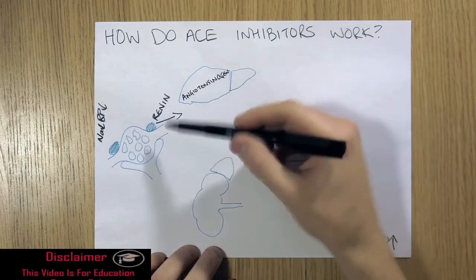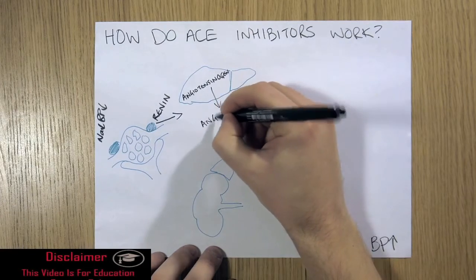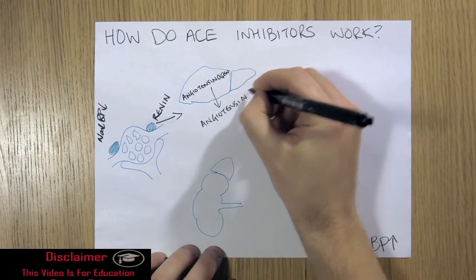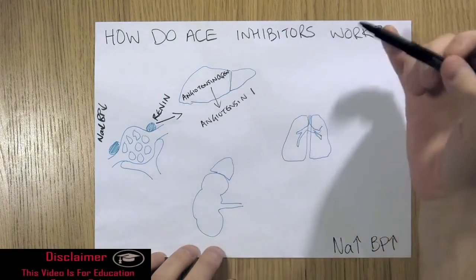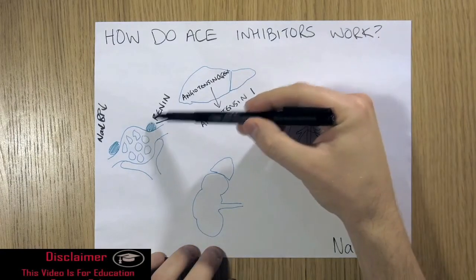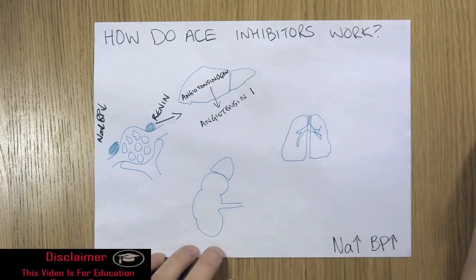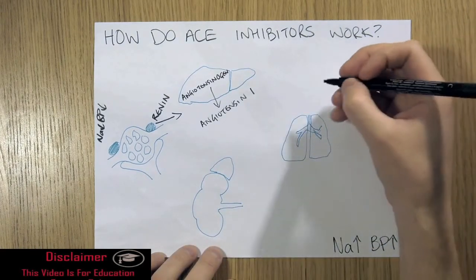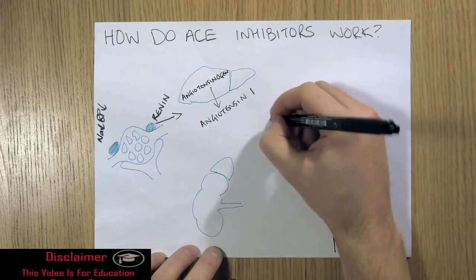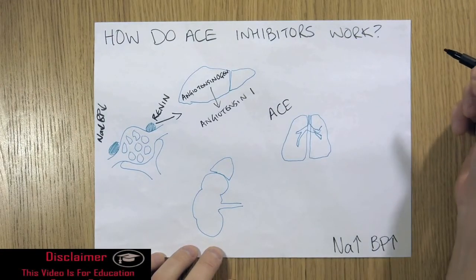And it doesn't really do much until renin comes along and converts it into angiotensin I. So without renin, angiotensinogen just sits in the liver doing nothing. When renin is produced in response to this, it converts the angiotensinogen into angiotensin I. Now angiotensin I doesn't really do much, just sits in your blood floating around until it comes into contact with something called angiotensin converting enzyme, which basically does what it says on the tin.